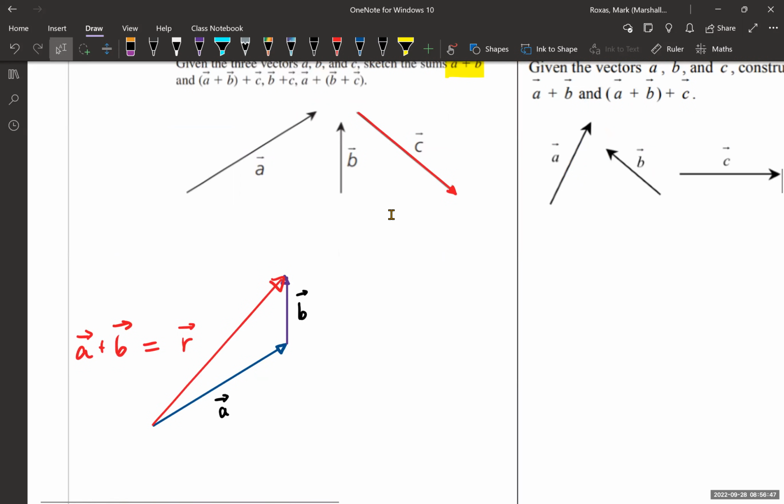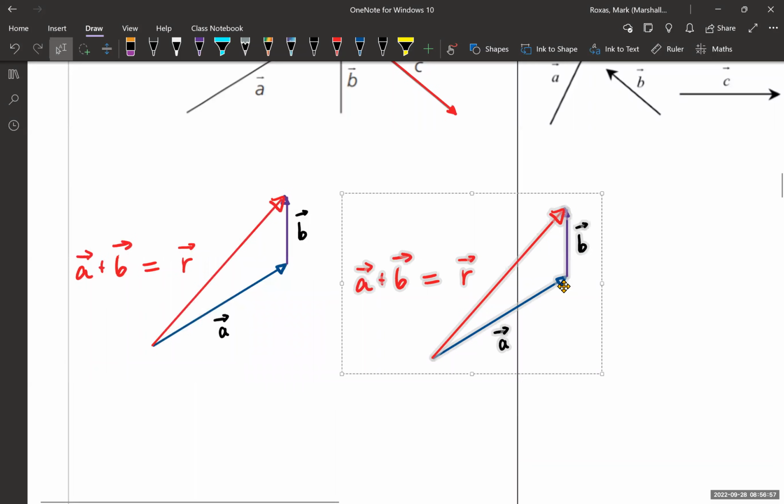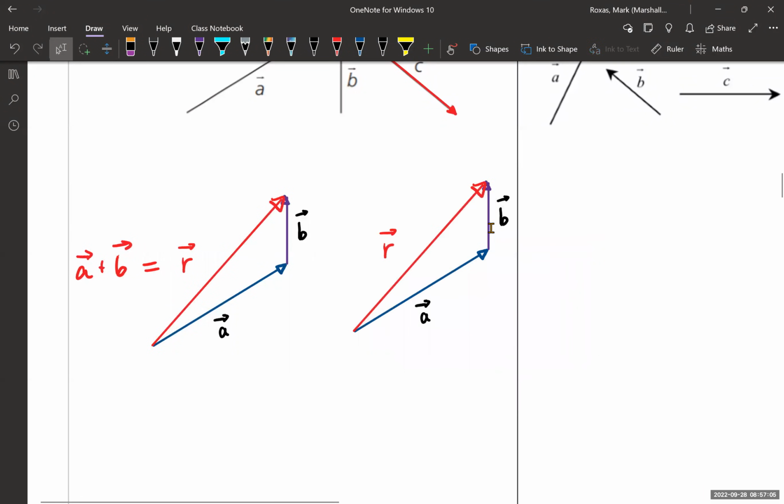Okay, so that was the first one. Just to illustrate one more thing, I'm going to copy everything here and paste it here just to show you. So if I added it the other way, if I did B plus A, the resultant should be the same vector, right?